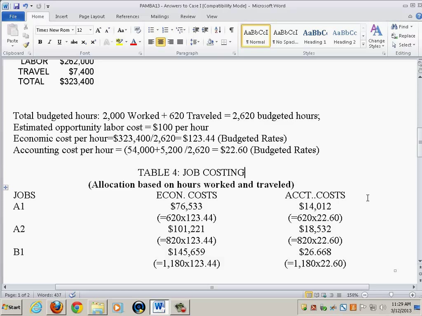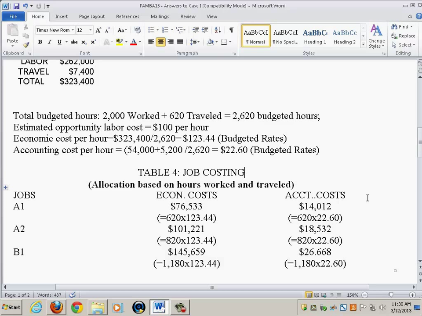In other words, I'm accepting your assumption that they may be different, but the question is, so what can we do? We may give different weight to the hours, right? We may say an hour devoted to A1 is not the same as an hour devoted to A2.